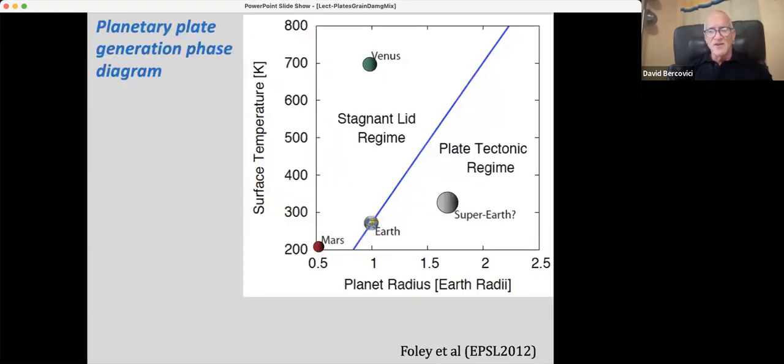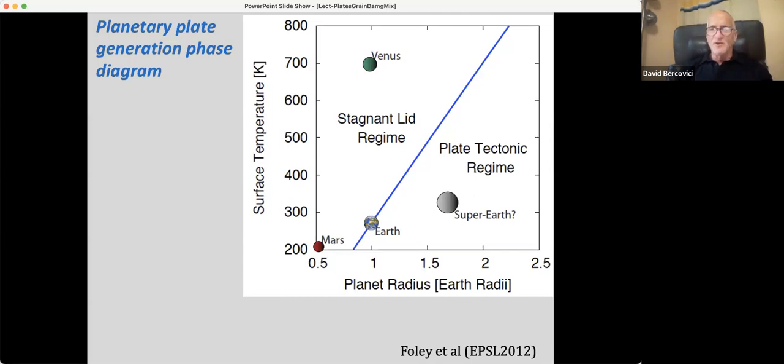And then my other grad student, Brad Foley, who's now at Penn State, used this to map it out even further to try to understand what we might predict for planets in other solar systems. He really tried to map it in terms of what an astronomer would see with regard to the size of a super Earth relative to its distance to the sun. In other words, what would be its surface temperature versus the planet radius?